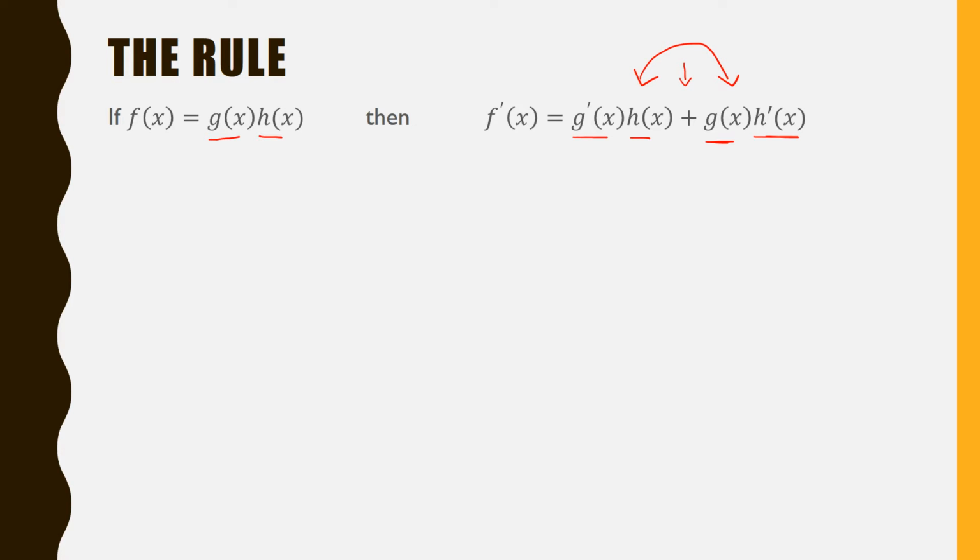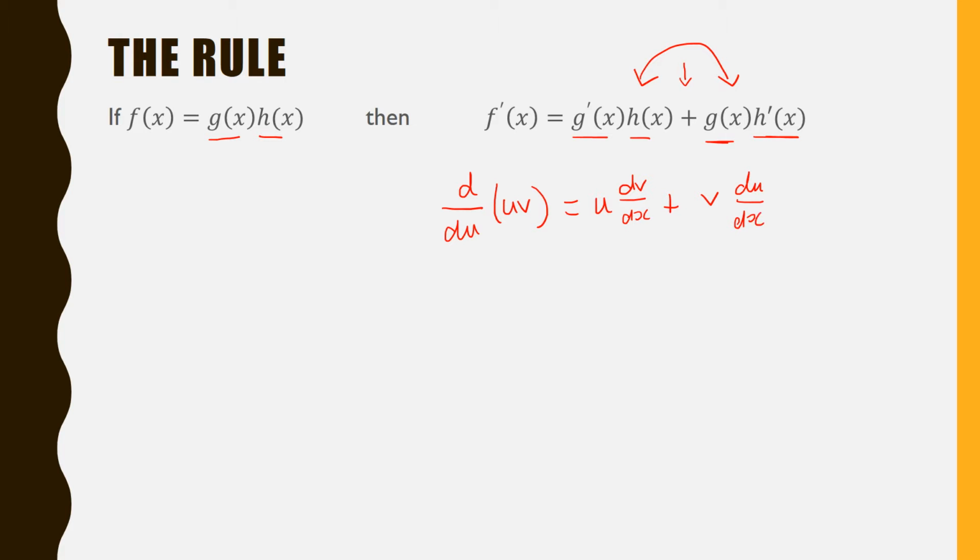On the formula sheet, this will be written in a different format, and you'll actually see it written as d/dx of uv, so the derivative of two functions, u and v. And in order to differentiate this, they say we keep the first function and multiply by the derivative of the second, plus we keep the second function and multiply by the derivative of the first.